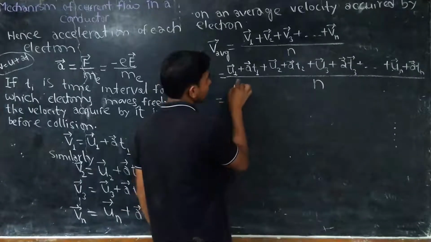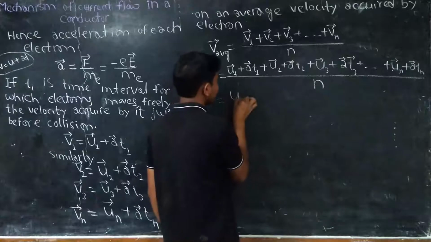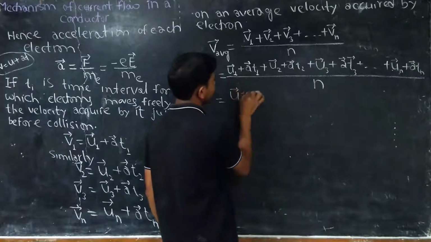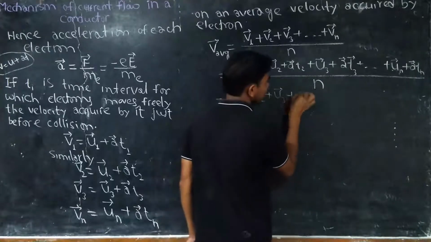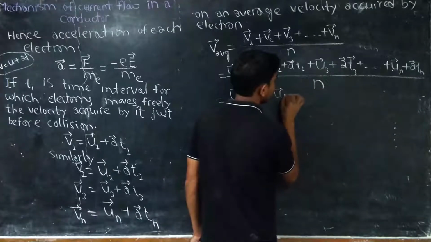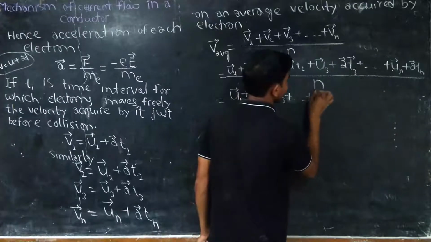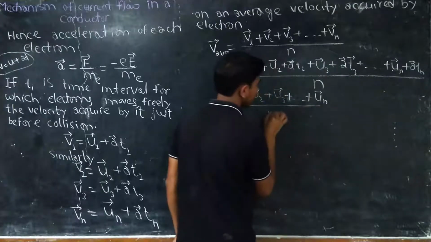Further I'm going to rearrange it. We can write u1 plus u2 plus u3 plus dot dot dot un, divided by n.